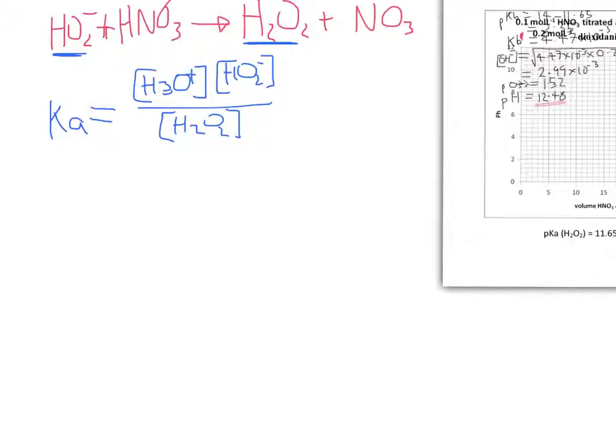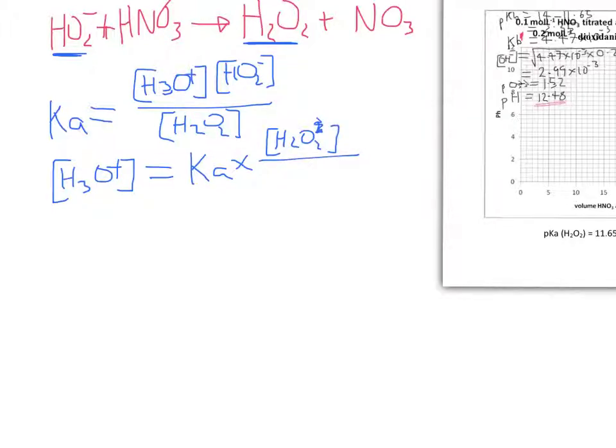Okay, rearrange this and we get that H3O plus equals Ka times H2O2, oops, sorry, wrong place, H2O2 over HO2 minus.